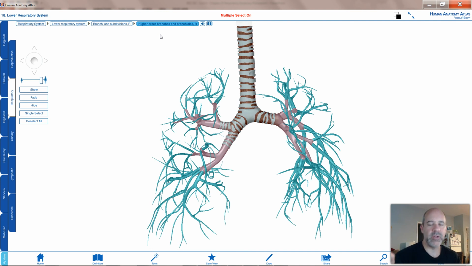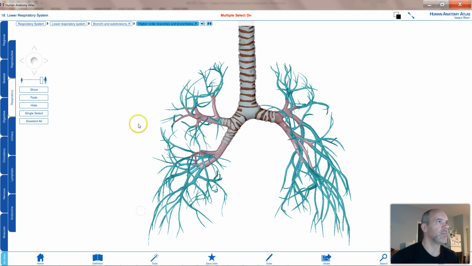So they're too small to be tertiary bronchi, but they're not small enough to be bronchioles. The bronchioles are going to be your smallest air passages before you start getting down into the microscopic level of air passages and every little nook and cranny in each of these lungs. So that's what you're seeing there.